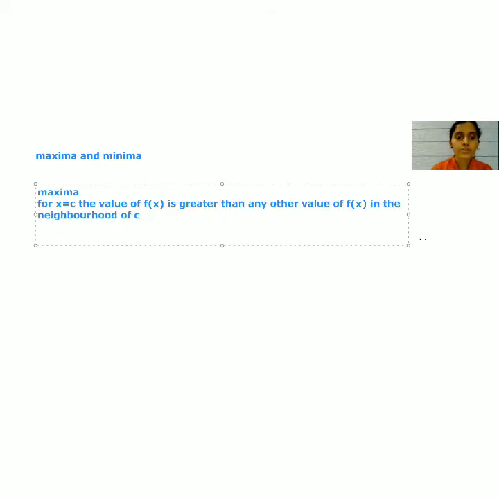Okay, now let's try to understand this. For x equal to c, the value of f of x is greater in the neighborhood of c than any other value of f of x in the neighborhood of c.